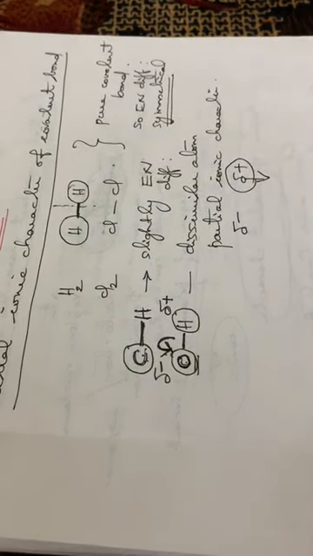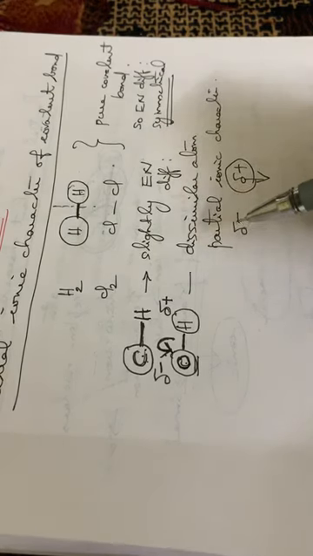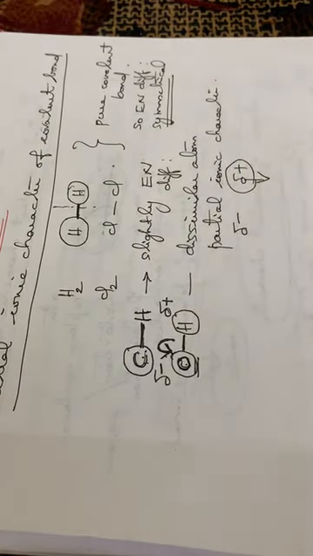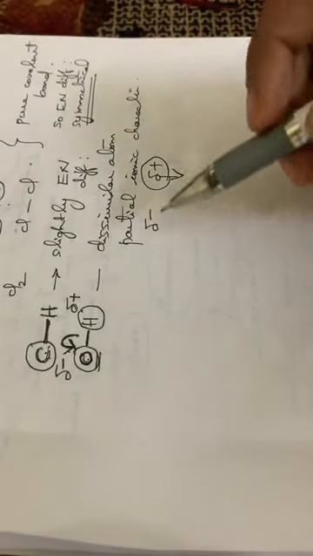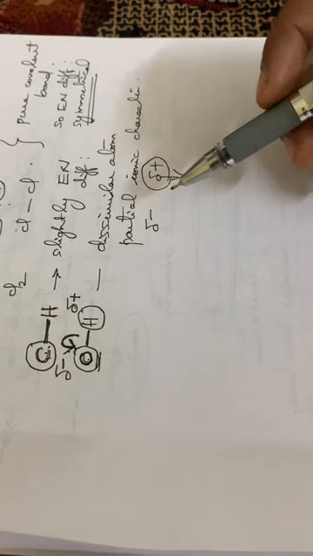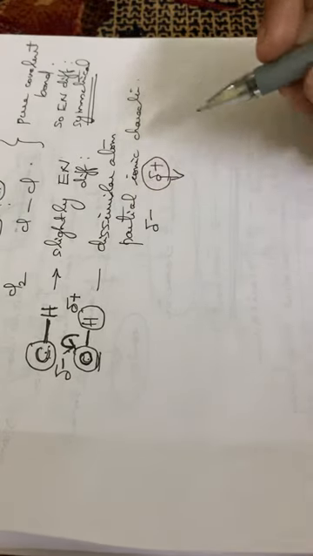So this is the case of the partial ionic character of a covalent bond for dissimilar atoms. The electronegativity difference occurs in the case of dissimilar atoms, and as a result this partial ionic character develops. Such bonds we can call polar bonds.